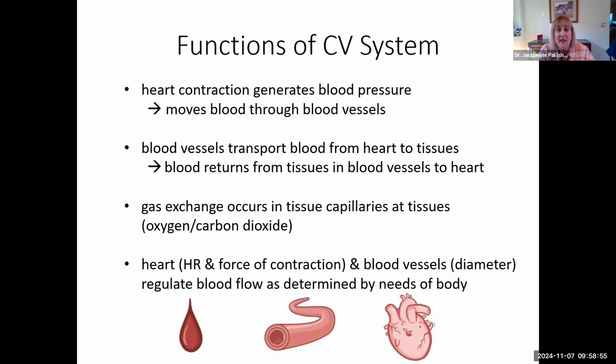And the way this is going to happen is the heart can change the heart rate, or it can change the force behind its contractions. And the blood vessels can change the diameter. If they're narrower, less blood gets through. If the diameter is larger, then more blood can get through.